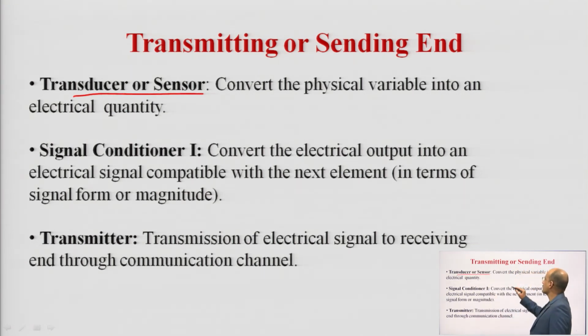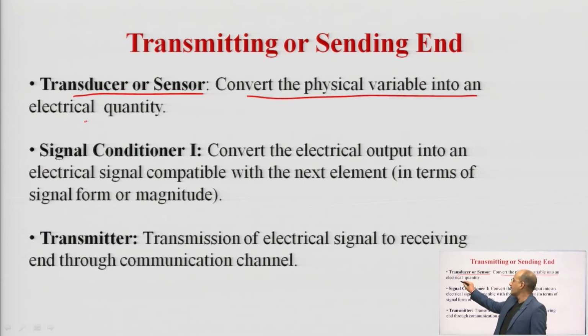The transducer is going to convert the physical variable into an electrical quantity. Here you can understand one point, I am talking about the electrical quantity, not about the signal.